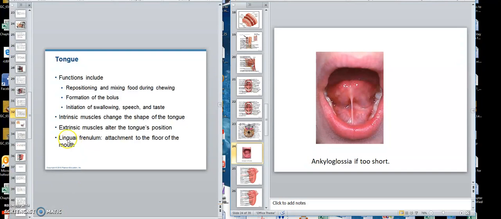See that lingual frenulum, I picked up a picture, is the attachment to the floor of the mouth. Now, you've heard of people called tongue-tied. Ankyloglossia, if it's too short, they have to cut it. You can't make a T sound, so you have to put your tongue to the top of the palate. Okay, so that's the tongue. Let's go further.